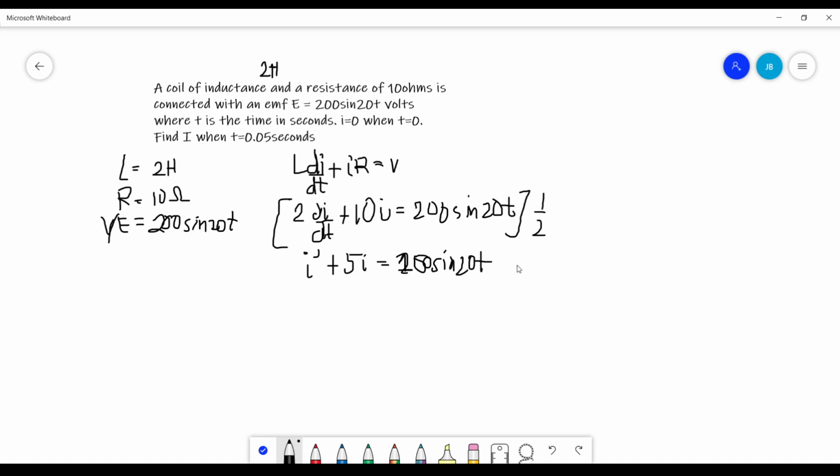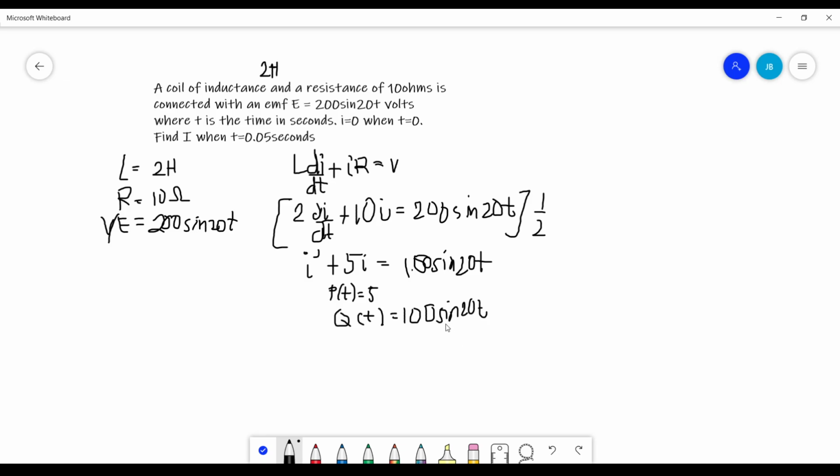So yes, it's a linear equation. You can easily identify what your P of t is. P of t is equal to 5, remember? And your Q of t is equal to 100 sine 20t.